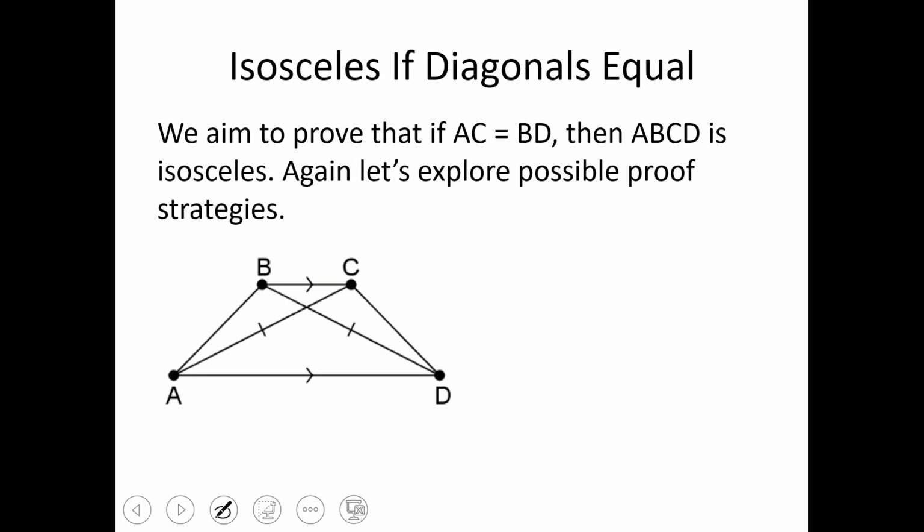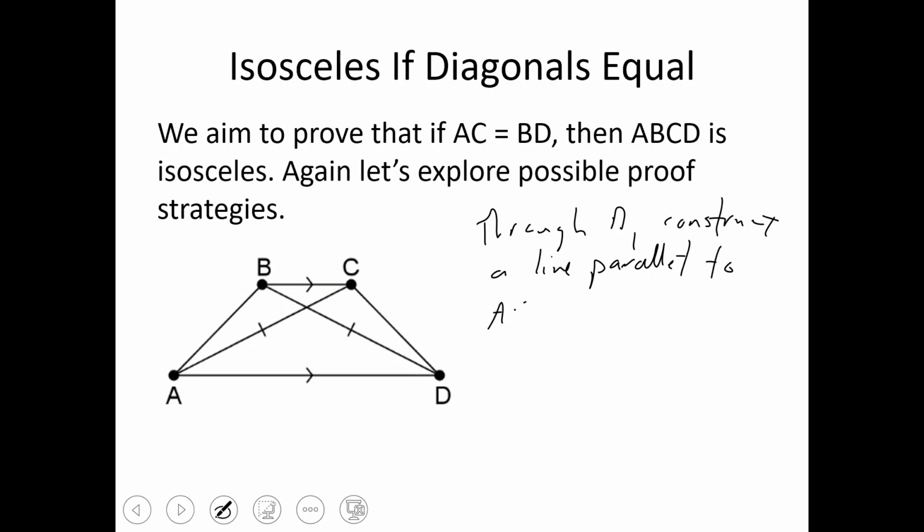So let us, through point D, construct a line parallel to AC. Okay, so let us do this. So through D, construct a line parallel to AC. I'll try to make this look halfway decent.